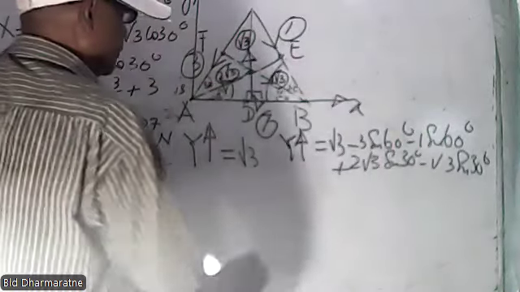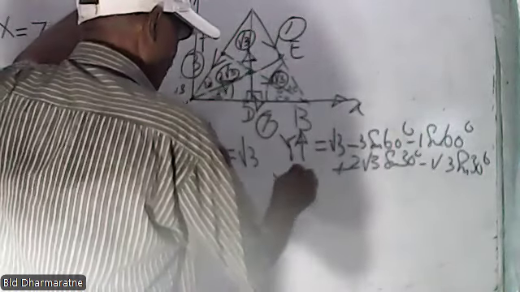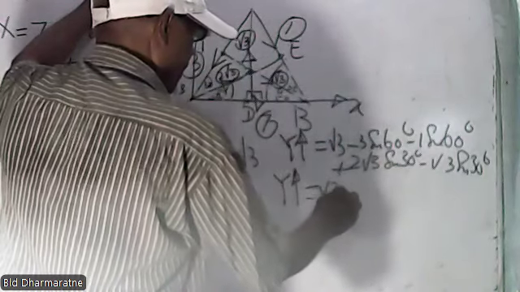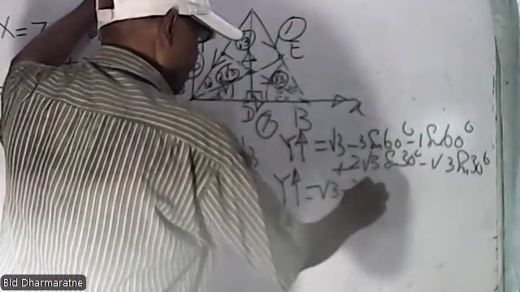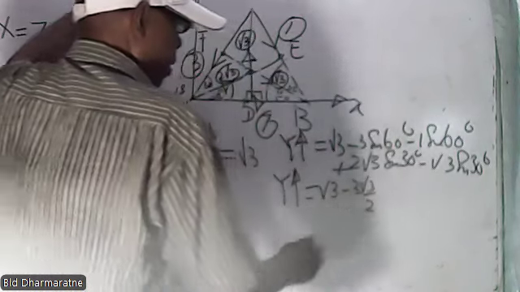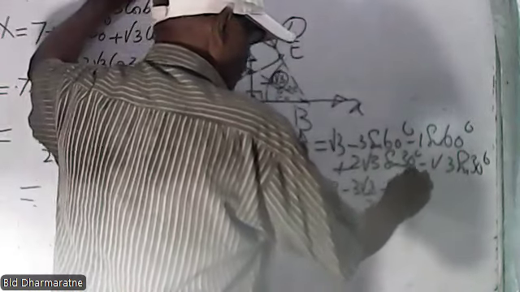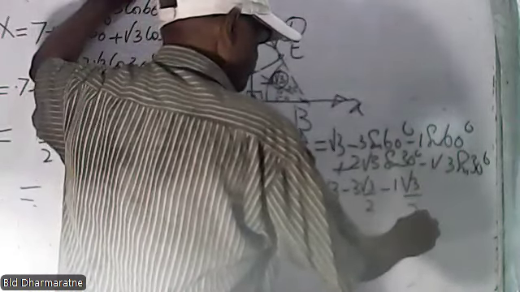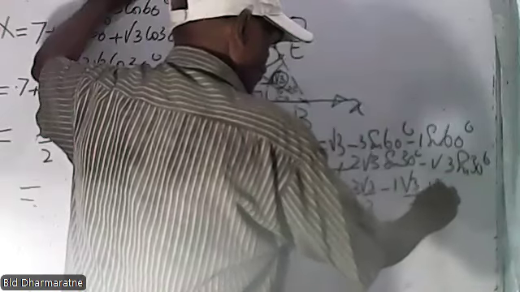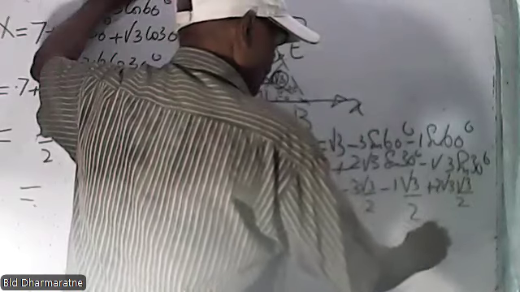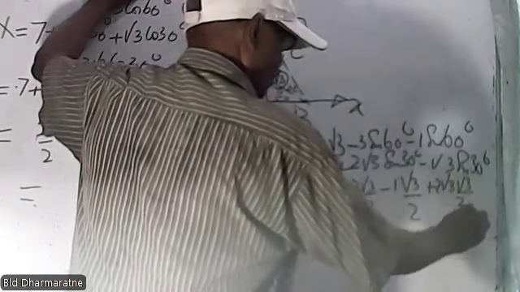Y is equal, after calculating, root 3 minus 3 root 3 over 2, plus 2 root 3 over 2 minus root 3 over 2.